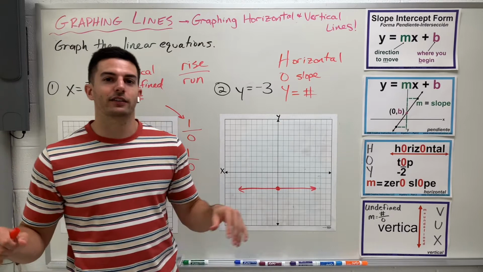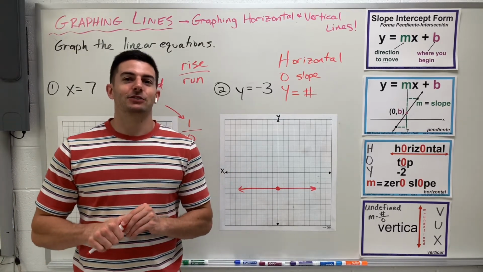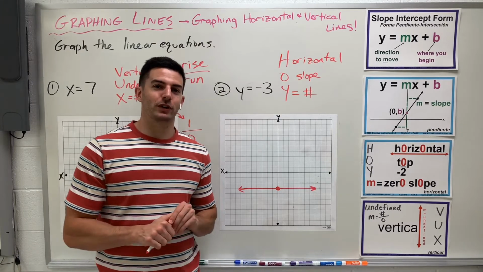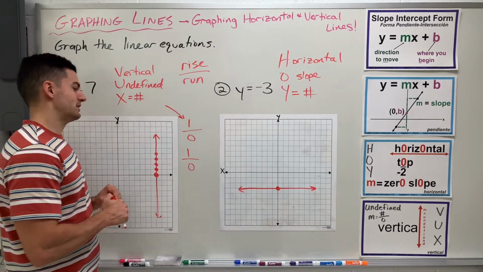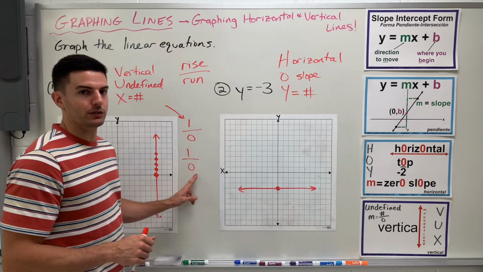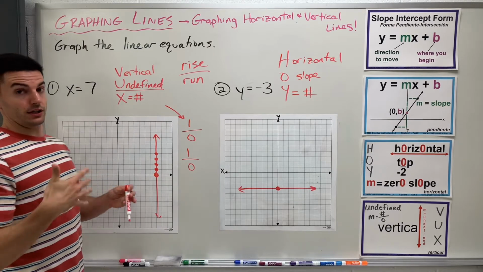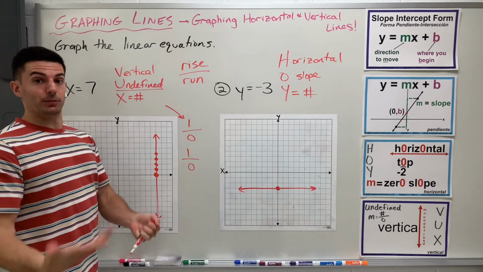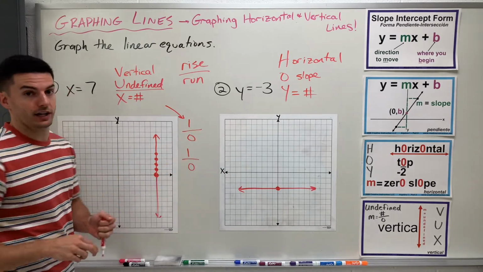In fact, if you wanted to see something, I would show you, but my phone is recording. But when you ask Siri, what's 0 divided by 0, she gives a funny answer. So maybe try that yourself. Yeah, you can't divide something by 0. That's why this is undefined. Okay, so it's a non-definable number. We can't say what the slope is because you can't do something divided by 0.